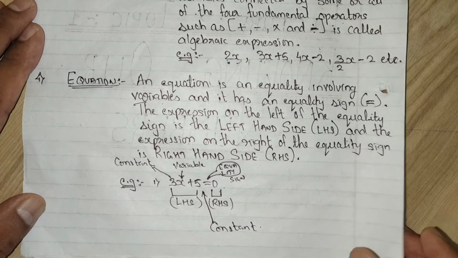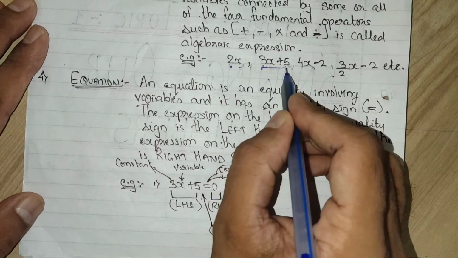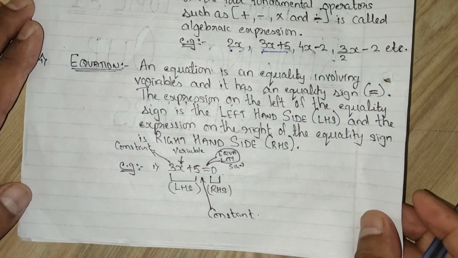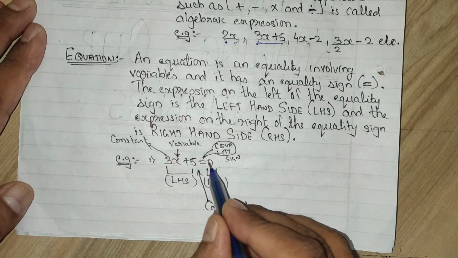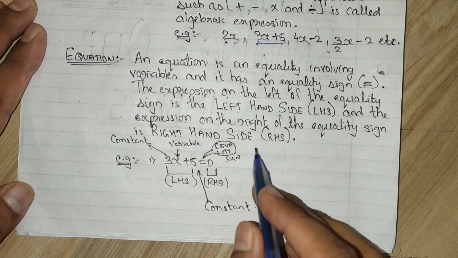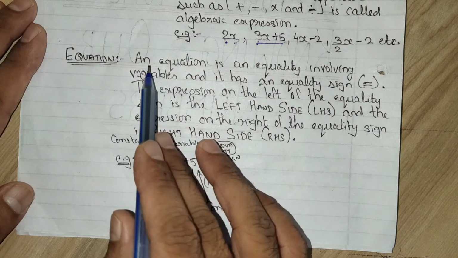So what is equation? Let me take this expression 3x plus 5 and then add equal to sign and 0. This became an equation because the definition of equation says so.